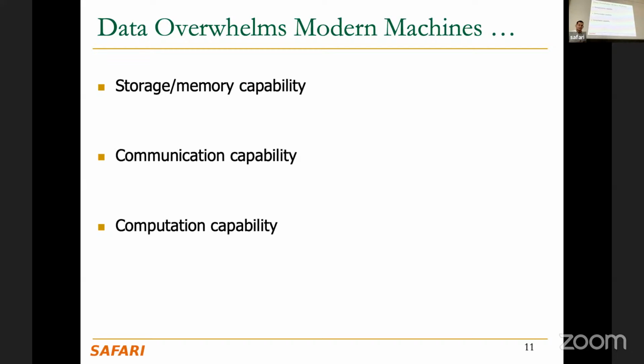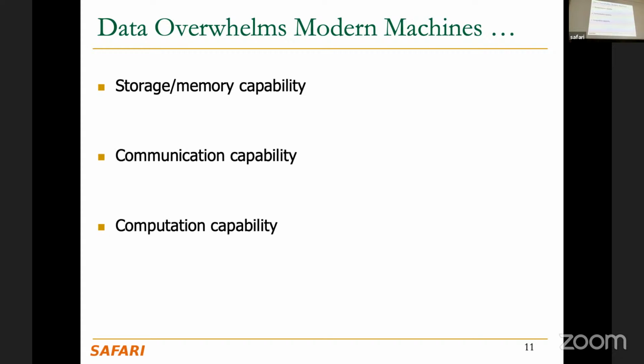So why does data overwhelm our systems, or where? There are many reasons. It can be because of the size of the data that you want to store: you have terabytes or petabytes of data that you need to store in many SSDs or in DRAM.